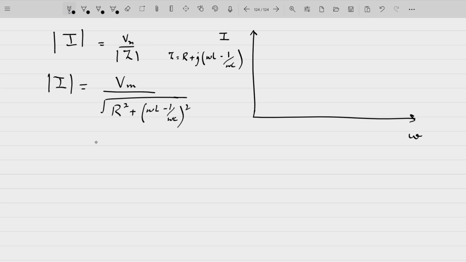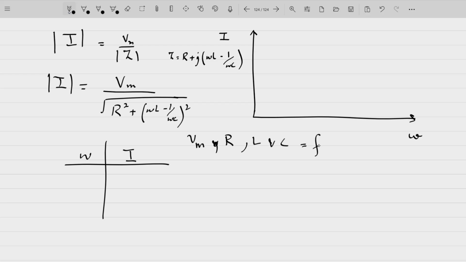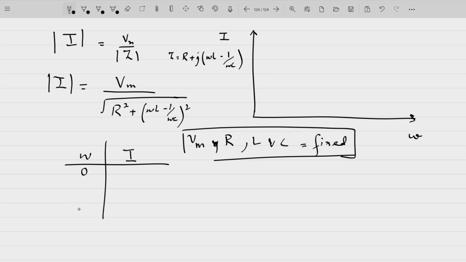Fine. So you can now take different values of omega, while Vm, R, L and C are fixed. You can take some constant value of the peak value of voltage, resistance, inductance and capacitance, and you can vary omega. So you will see initially when you increase the value of omega up to omega naught, this current will increase, it will rise.